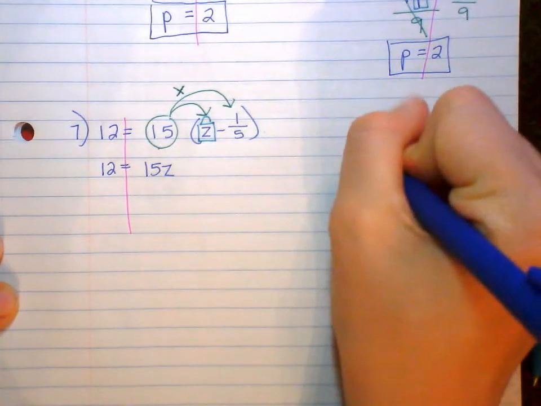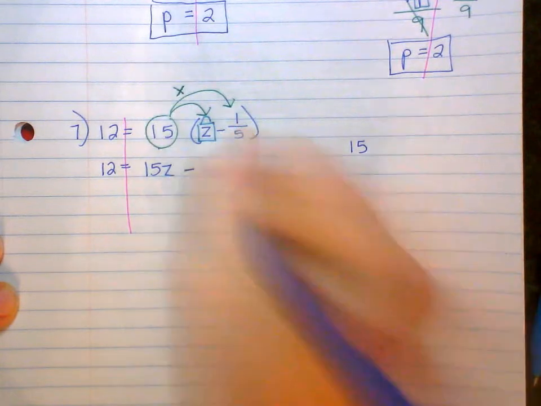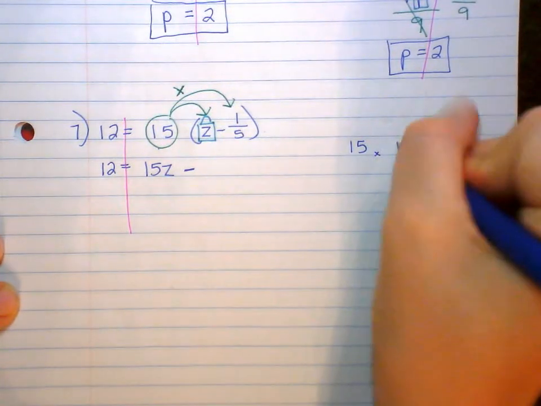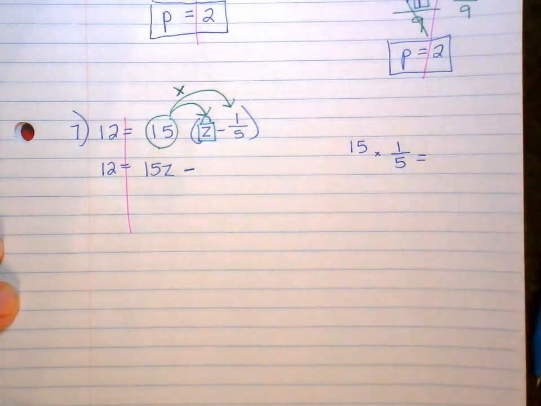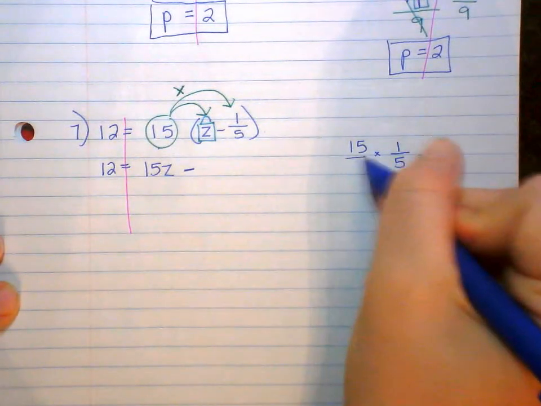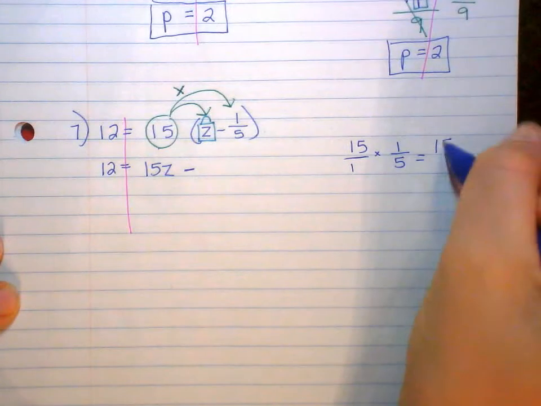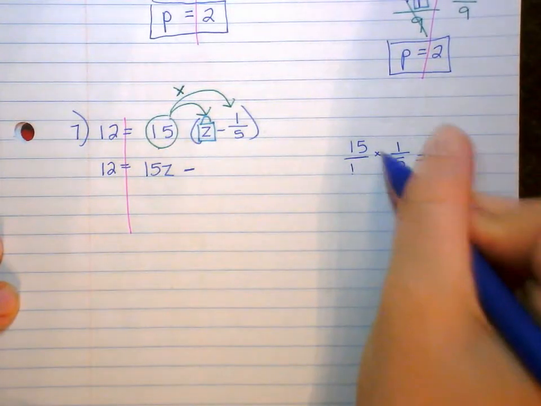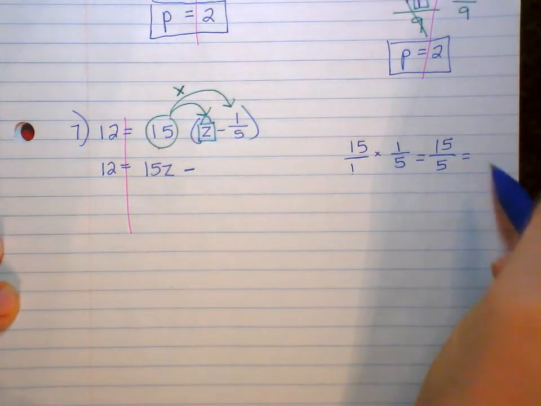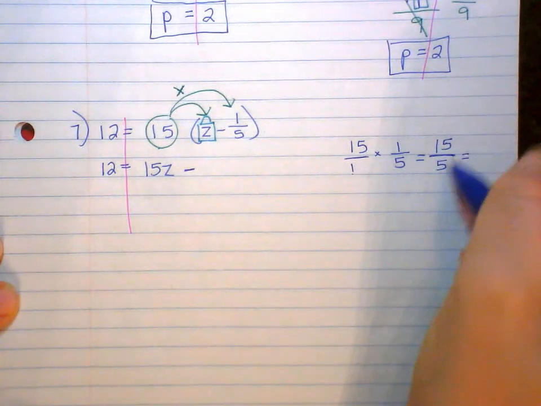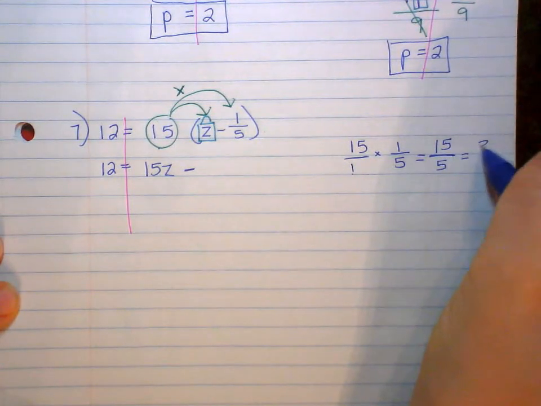So I'm just going to bring down the negative because I know it's going to be negative, 15 times 1/5. Well, that 15 is over an invisible 1. 15 times 1 is 15. 1 times 5 is 5. 15 divided by 5 is 3.